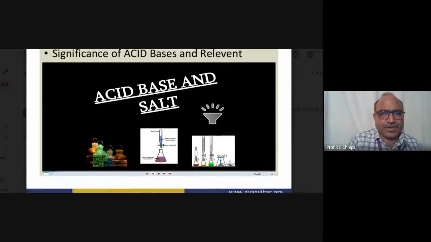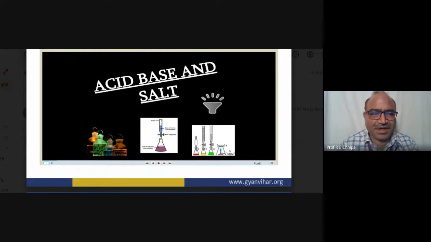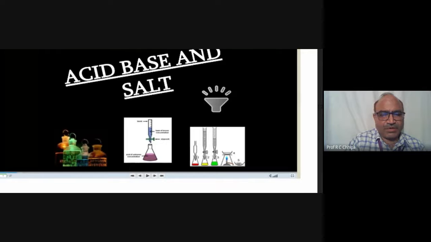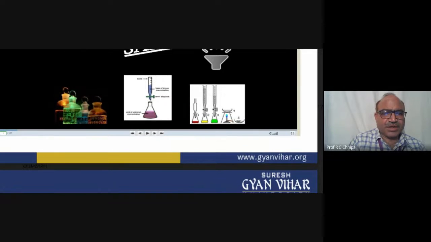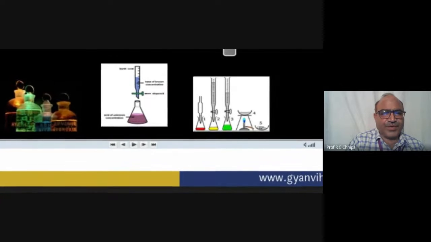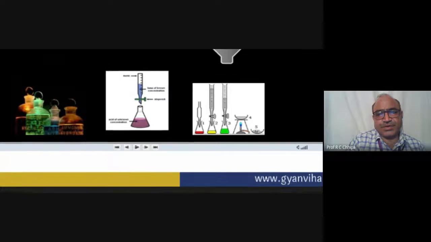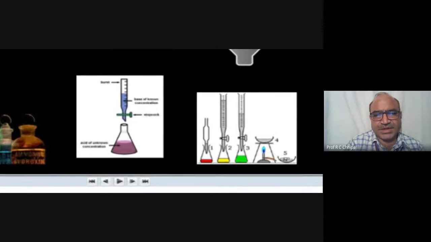So this concept was the introduction to acids and bases. Then the significance. All of you know about the different reagent bottles. Here we can do the experiment with acid base titration. All of you will know that different acids are there. The question is how acid base titrations are done; those processes are neutralization.